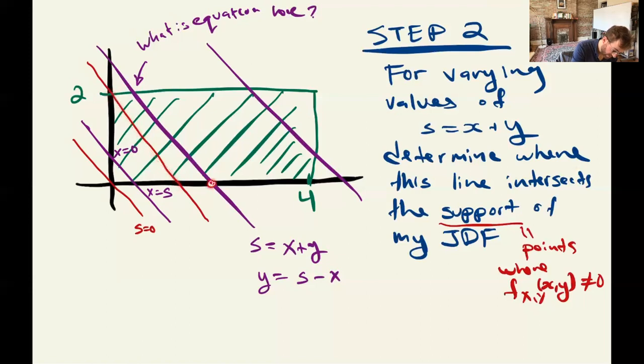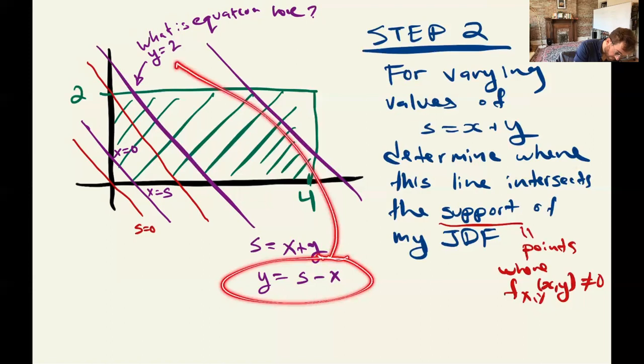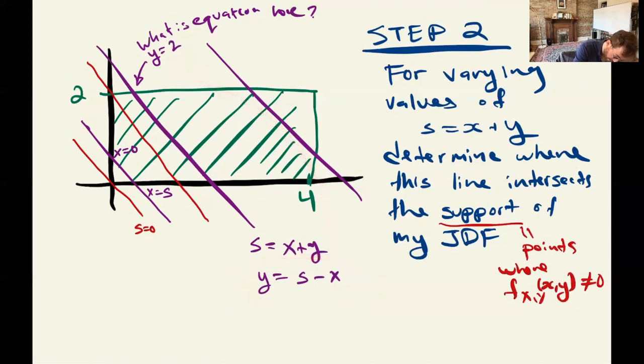So now if I got some value s, and again, if I plug in y equals 0 here, then this requires that x equals s. What is the equation here? Well, this corresponds to where y is equal to 2. So y equals 2, and I plug that in to this equation right here. And then I can see that I need x to equal s minus 2.